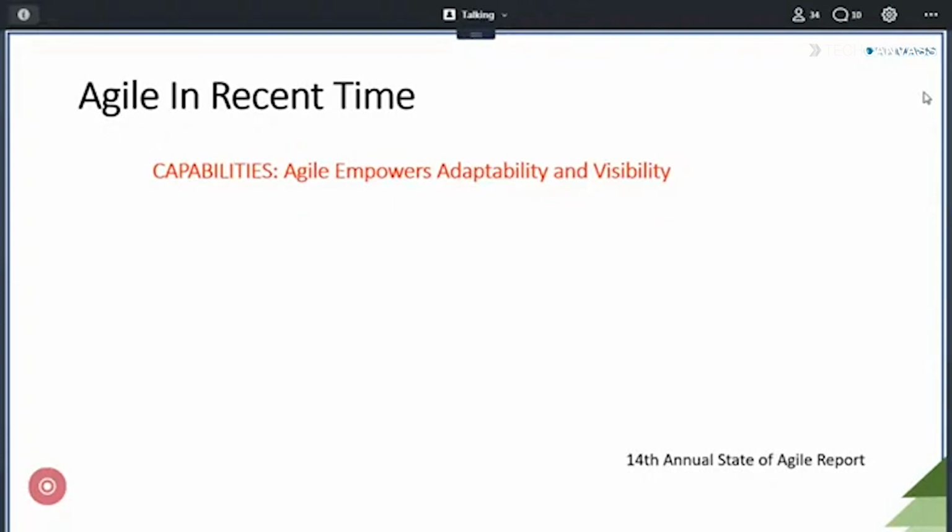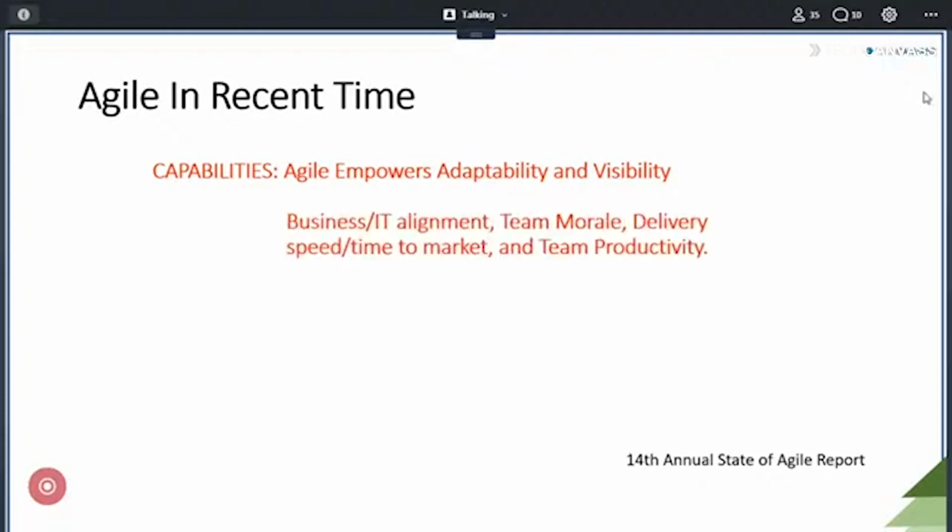The ability to manage changing priorities and project visibility are the top two capabilities reported as having improved as a result of Agile implementation by the organization. The other improved capabilities noticed are business versus IT alignment, team morale, delivery speed versus time to market, and team productivity.